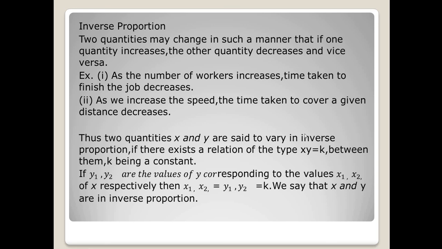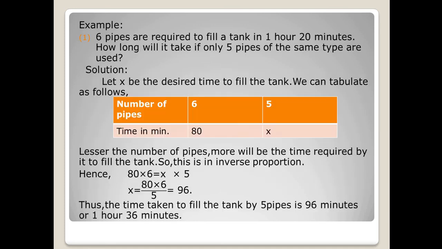If y1 and y2 are the values of y corresponding to the values x1 and x2 of x respectively, then we can write it as x1 multiplied by y1 equal x2 multiplied by y2, that is equivalent to k. It is a constant. Okay, so we say that x and y are in inverse proportion.